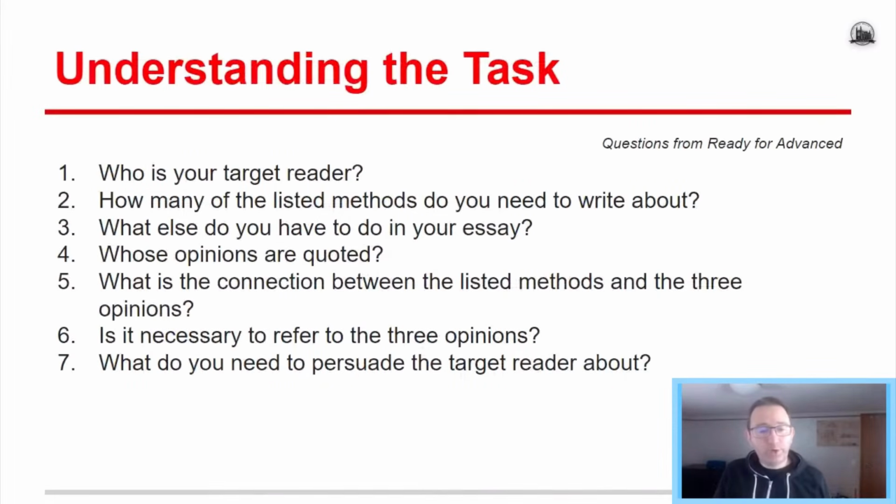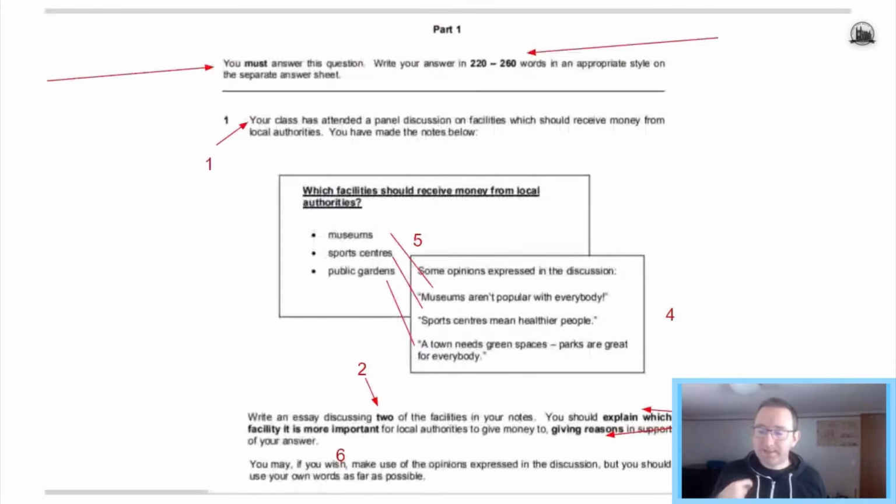Number 7, what do you need to persuade the target reader about? Number 7 is explaining which facility it is more important to give money to. So persuade. You are not a salesman. You are not trying to get somebody to buy your product. But you should gently guide people towards the conclusion that you believe in.